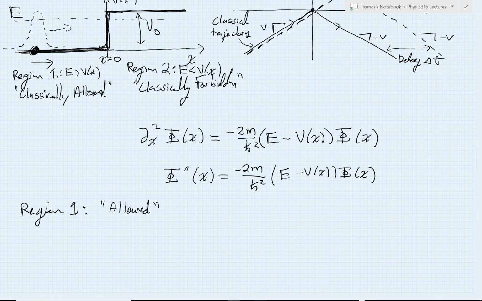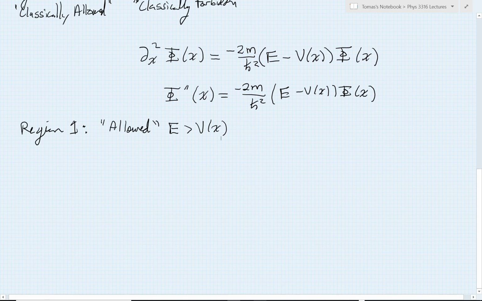So for any allowed region, I always am in the happy situation where the energy is greater than the potential energy, V of x. So that means that this quantity in parentheses would always be positive. So my second derivative actually equals some negative number times my function back again. And one of the best ways I can think of to remind myself that I'm always dealing with a negative number is to write it as minus the square of some other quantity.